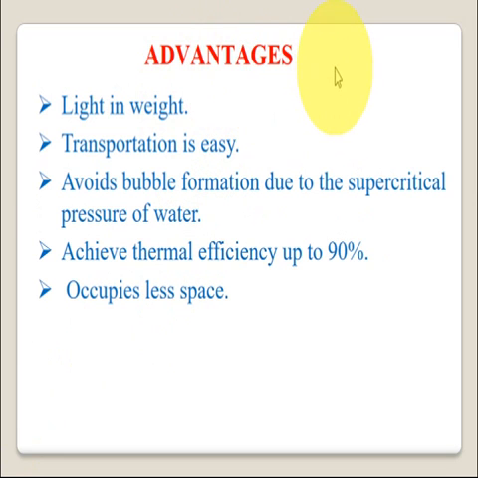The advantages of the Benson boiler are it is light in weight, easy for transportation, it overcomes the problem of the La Mont boiler and avoids the reduction of heat transfer, it is a supercritical boiler, its thermal efficiency is nearly 90%, and it requires less space.